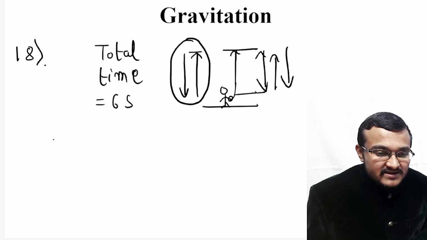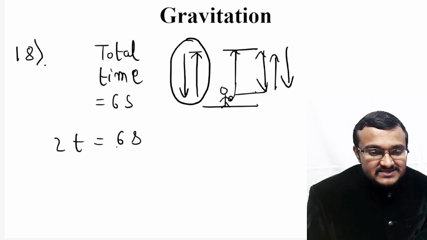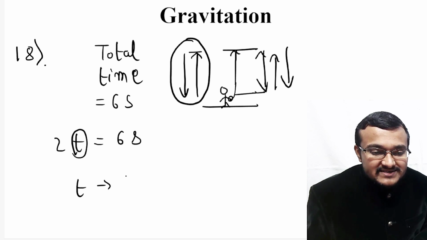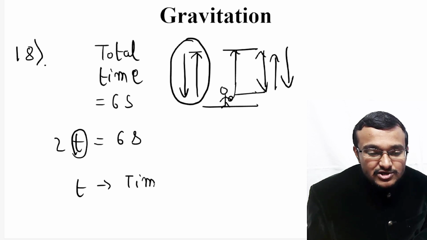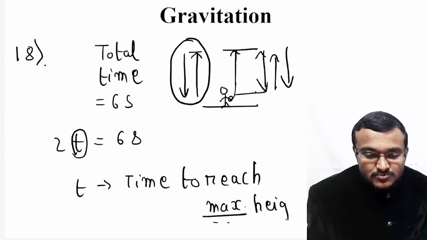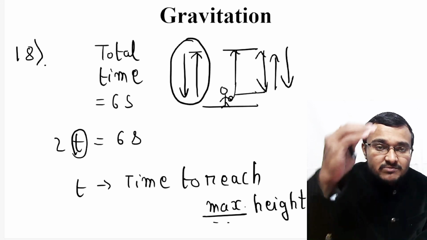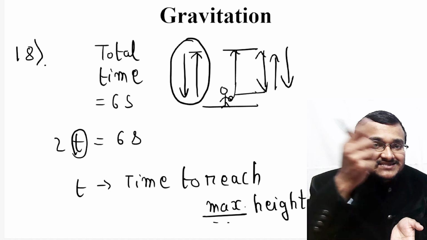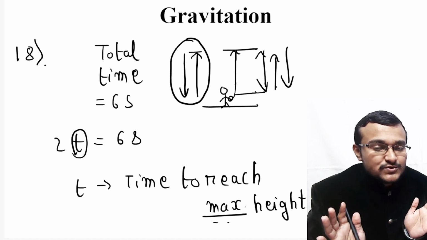So that means here 2 times the t is equal to 6 seconds, because the small t here is the time to reach maximum height. Now from that maximum height, it has again traveled back to the thrower's hand, and it has taken a total of 6 seconds to come back to the thrower's hand.